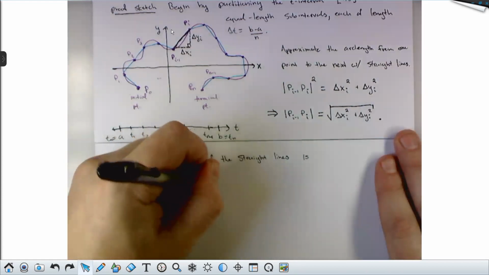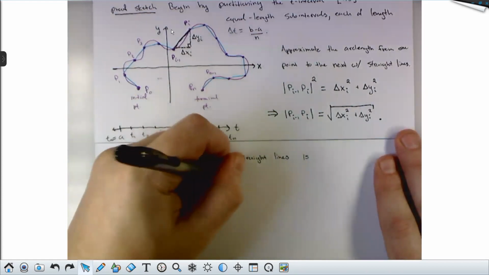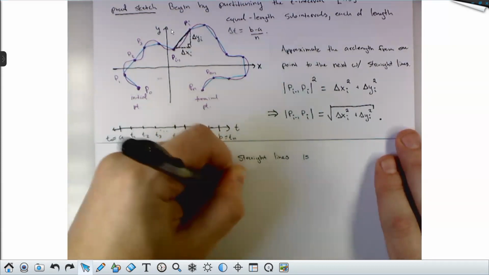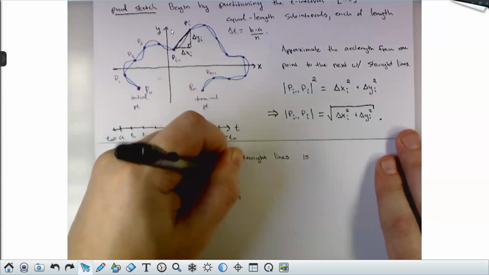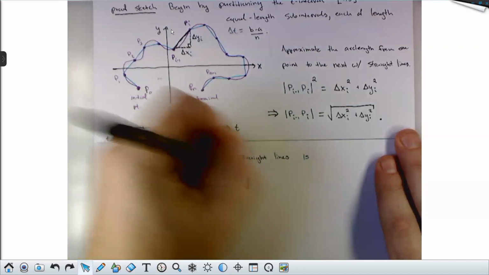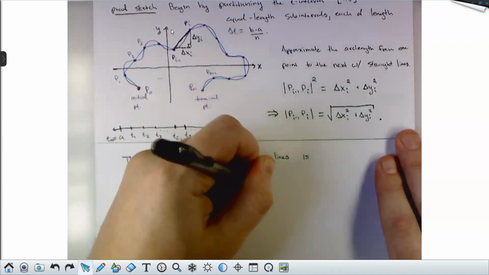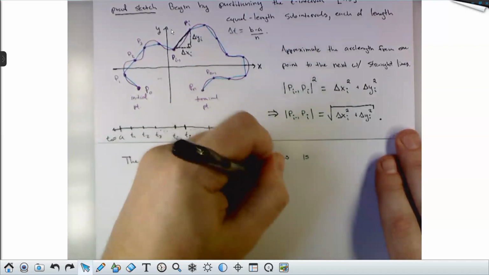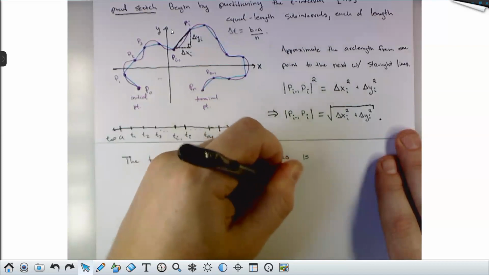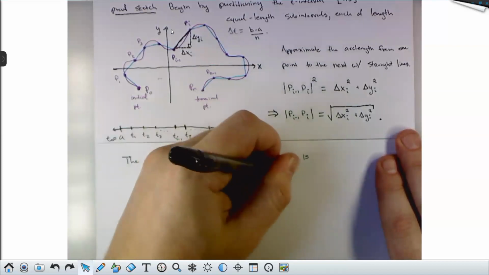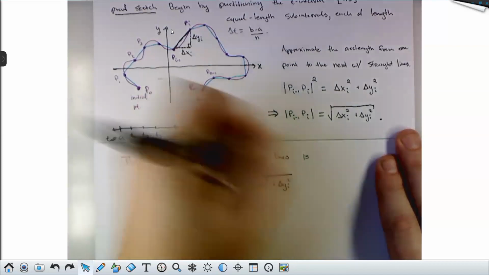And plugging in what we just discovered a second ago, this is the sum from i equals 1 to n of the square root of delta x_i squared plus delta y_i squared by Pythagoras.